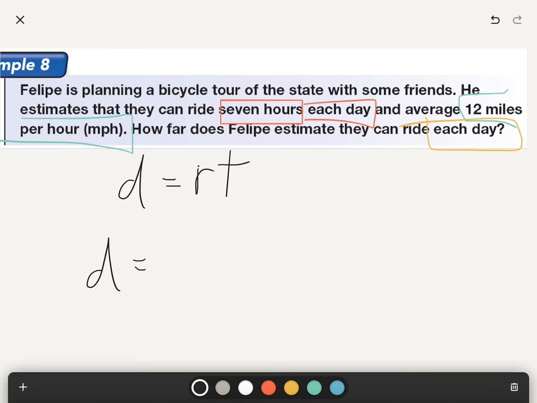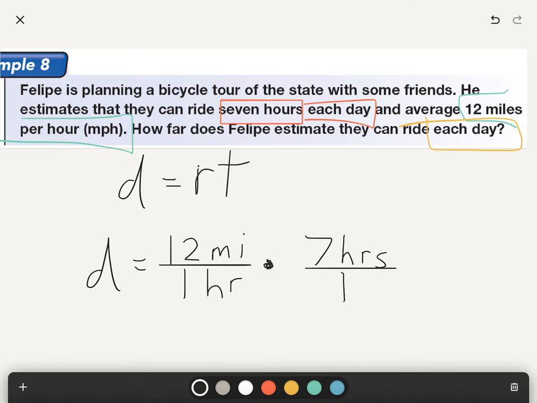What is the rate? 12 miles per hour. Okay, and we are going to write that as 12 miles per 1 hour. And that's going to be times how much time? 7 hours. And then I'm going to put what is usually the imaginary /1 under it.